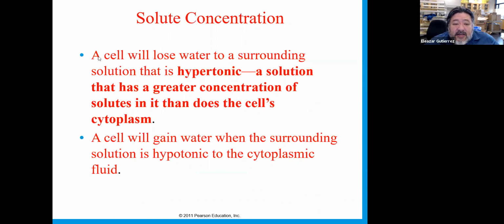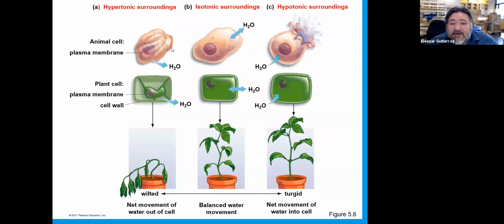A cell will lose water to a surrounding solution that is hypertonic, because the solution has a greater concentration of solutes than the cell cytoplasm. So it's important that you learn hypertonic, more solute; isotonic, same solute; and hypotonic, less solute.